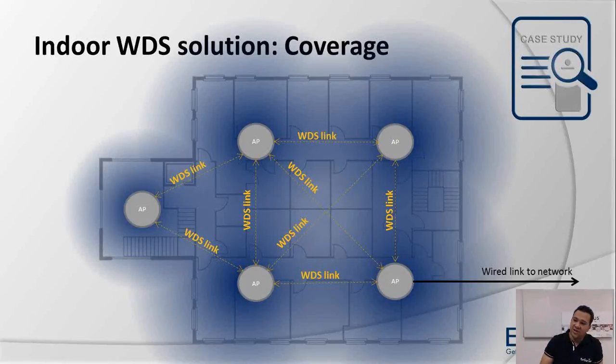We have placed 5 access points. We linked up the 5 access points through WDS link in WDS AP topology, and we actually have 1 access point virtually, and we only have 1 connection wired to the network. In this case, with 5 access points, we made a small deployment to cater the wireless for this office.